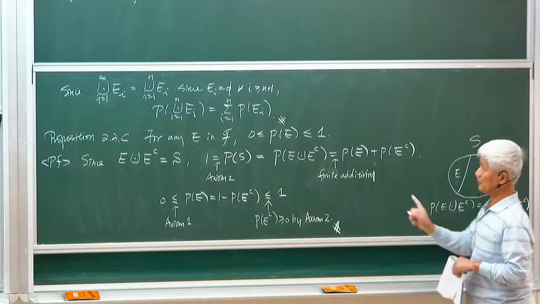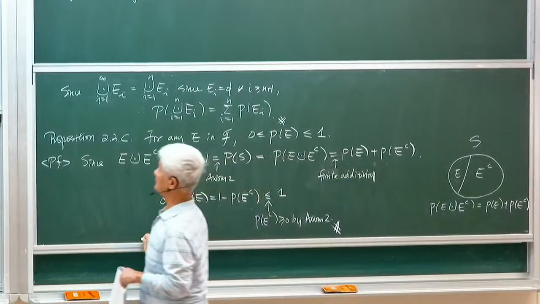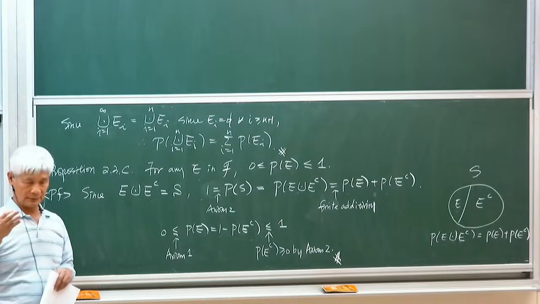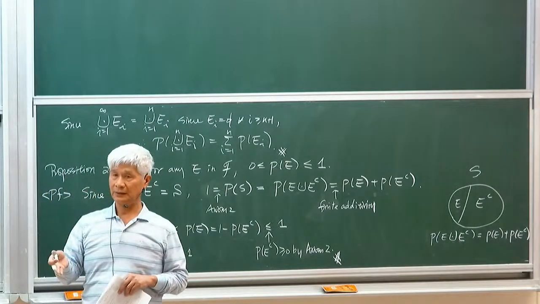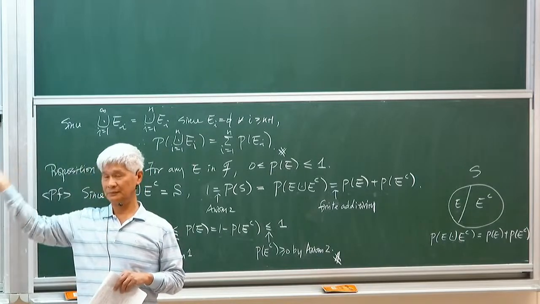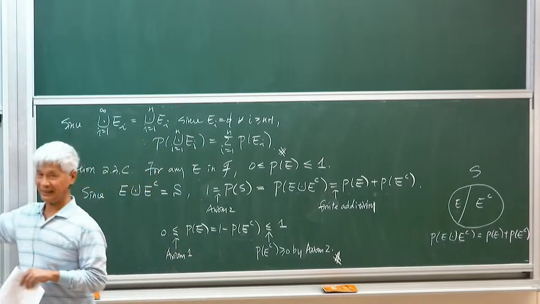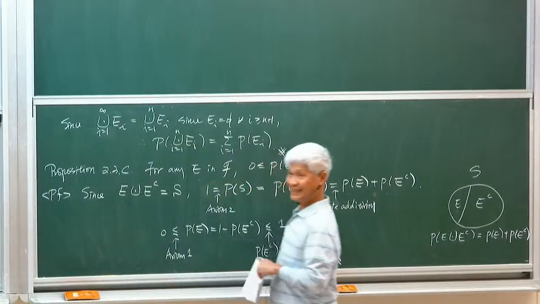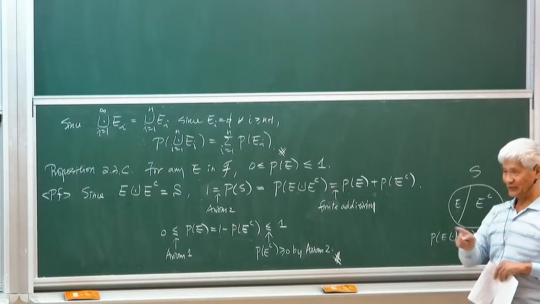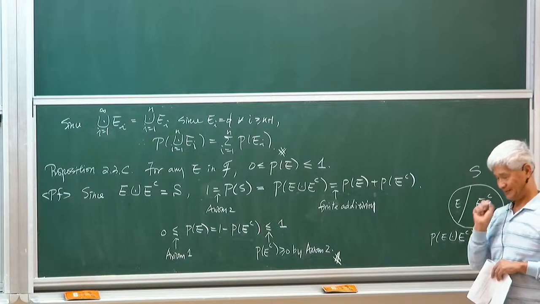And this is a special case of finite additivity, because here we consider arbitrary n events. N can be 2, 3, 5, 6, 100, 1,000, a million, right? And this is just the special case for n equal to 2. Okay. Very good. You track very well.